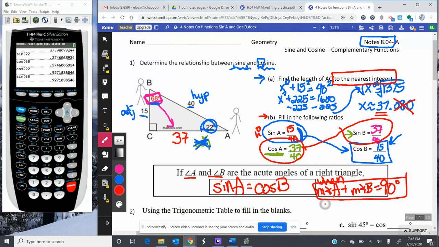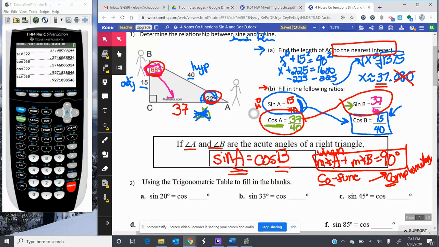So these are called co-functions, and their sum is complementary. Co-functions are complementary functions, where the sum of A and B must be 90. So again, 22 and 68 must add to 90 to keep our rule of 180 in the diagram.